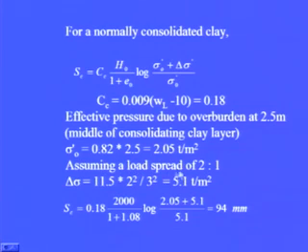Now assuming a load spread of 2 vertical to 1, to find out the increase in stress at the middle of the consolidating layer, we get delta sigma equal to 11.5, which is the net safe bearing capacity we obtained earlier, into 2 square divided by 3 square, that is equal to 5.1 ton per meter square. So by using the approximate approach of 2:1, we can find out delta sigma. Now when we substitute all these values in the consolidation equation, we get consolidation settlement as 94 millimeter.